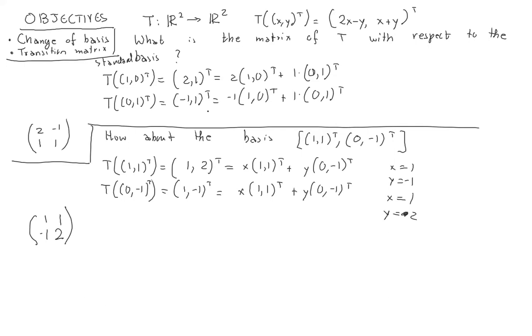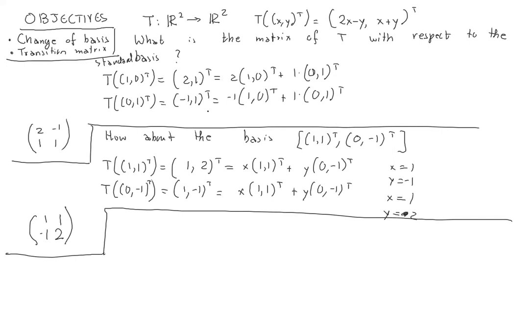If somebody gives you coordinates of a vector with respect to one basis, how do you find the coordinates with respect to another basis? That could simply be a description of what we're trying to do today.